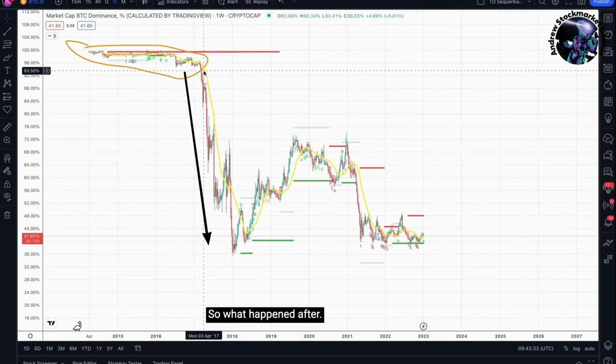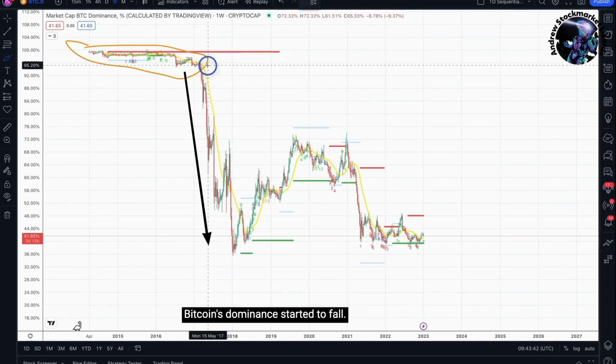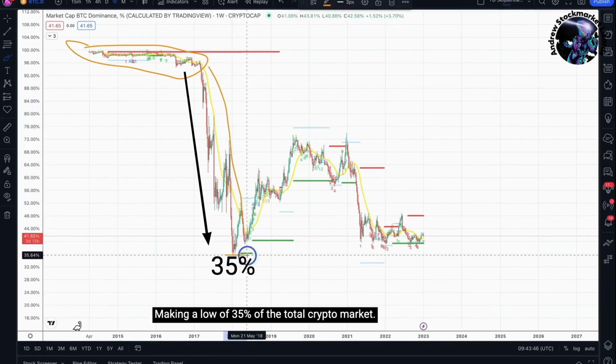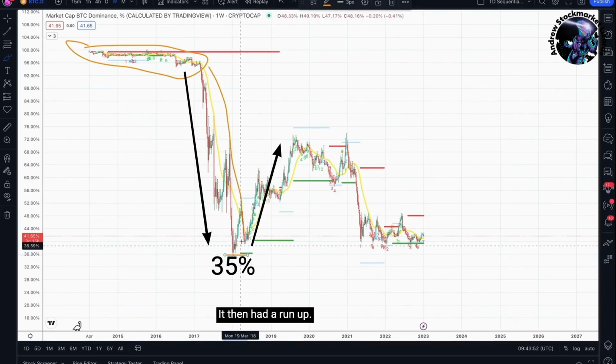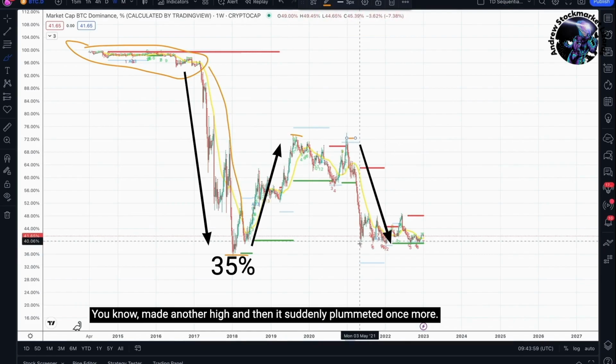So what happened after 2017-18, it coincides with Ethereum's launch, Bitcoin's dominance started to fall, making a low of 35% of the total crypto market. It then had a run up, made a high, made another high, and then it suddenly plummeted once more, which basically means that the altcoin market was relatively strong in this area.